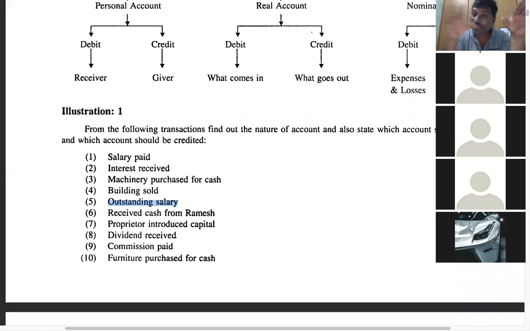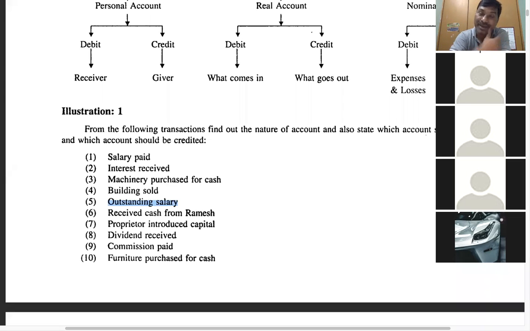When you are not paying, when it is outstanding, it would be salary account debit to the name of the person to whom you are paying. Since the employees are so many and it becomes voluminous, you will write simply outstanding salary. That means this amount is due to a person.